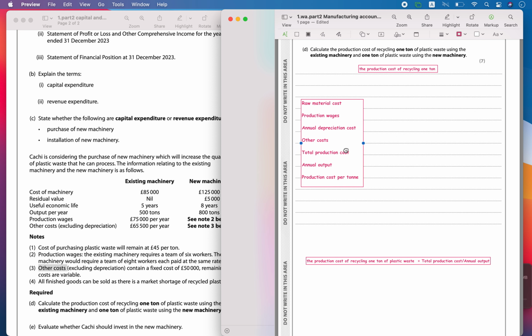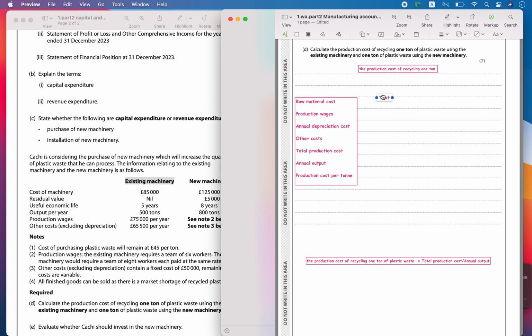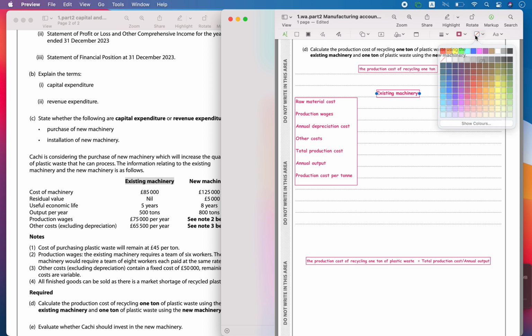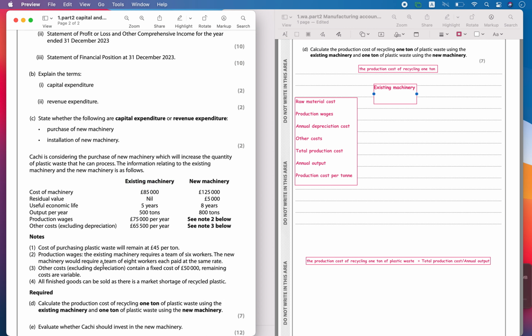Now let's write all the values. First is the raw material cost. There are two machineries; the first one is the existing machinery. For the existing machinery, the cost of purchasing plastic waste is 45 pounds per ton.